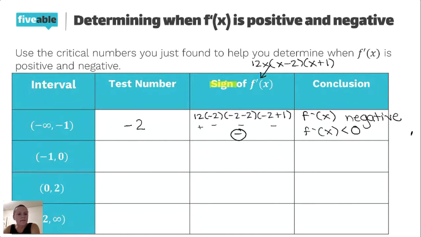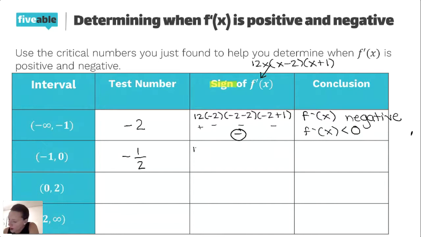Somebody give me a number between negative 1 and 0 that we could test in the next interval. Sure, negative 1/2 sounds great. It's exactly the number I was thinking of. So again, I'm looking for the sign now of f prime of x when I plug in negative 1/2.